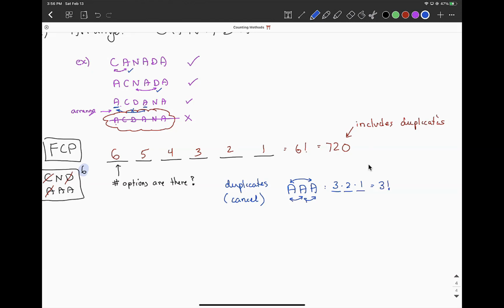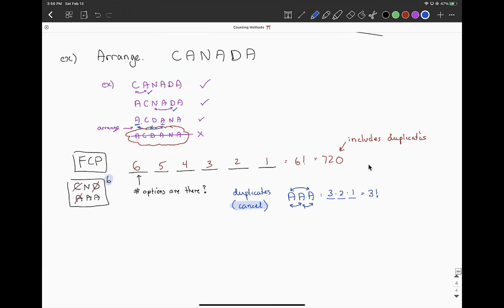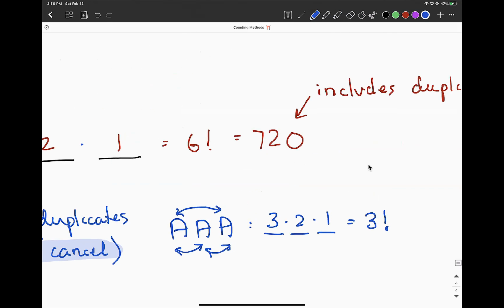That's how many ways the A's could have been moved with one another, creating untold duplicates. These are the ones that we're asking you to cancel. And in counting methods, because we're dealing with multiplying outcomes by outcomes, we cancel these outcomes by dividing by those duplicate arrangements. And those are the ones that we're not supposed to be arranging.